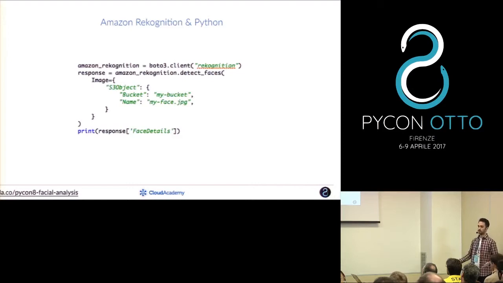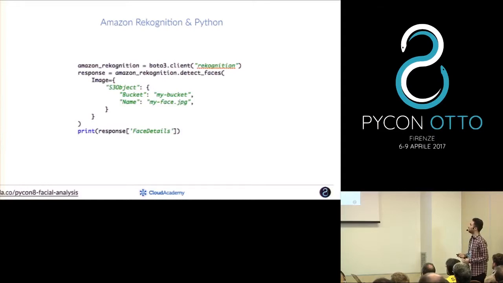So it's a long list of faces with everything I've just shown you: age and sentiment and headwear and where is the face and all the points that you need. And you can eventually provide different detail levels. So it could be, oh, give me everything, or just give me the points, or just give me the emotions. So you can usually optimize the API calls for your needs. And it's 5 lines of code.